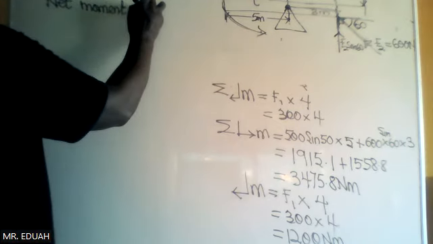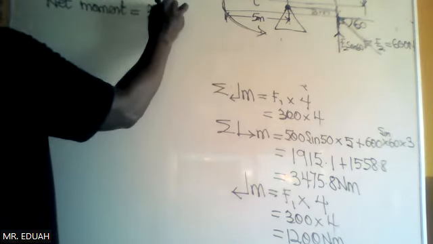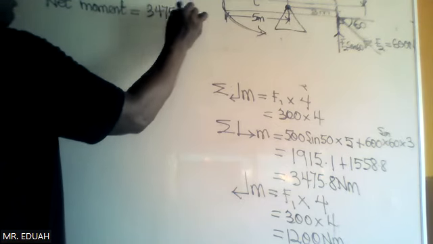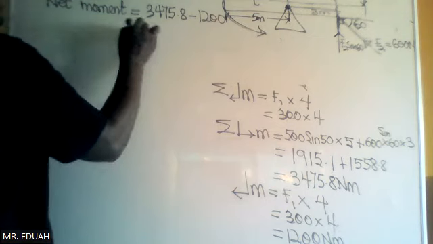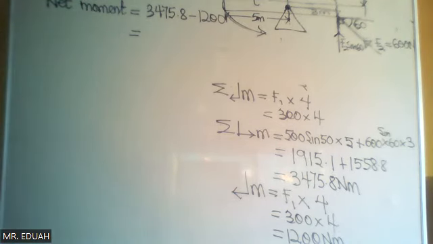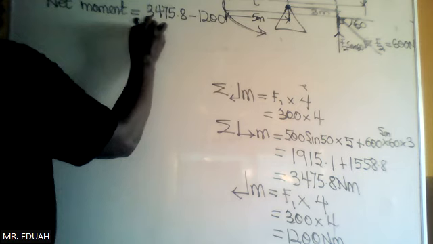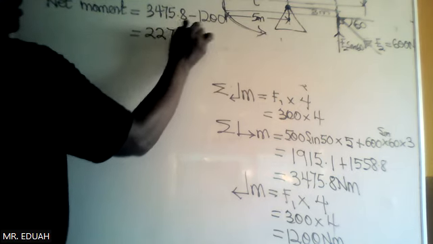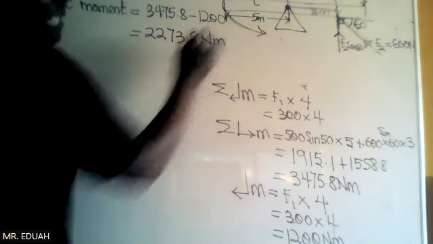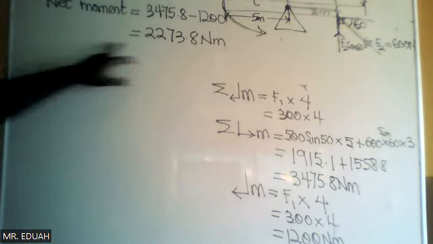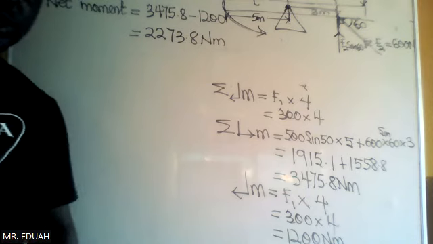So 3,475.8 minus 1,200, which is equal to 2,275.8. And what's the direction of the resultant moment or torque?